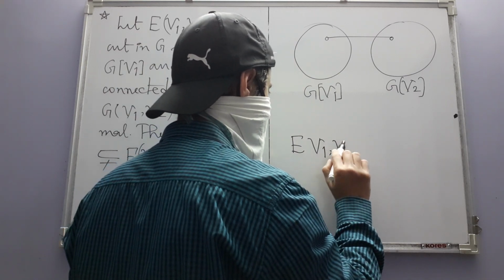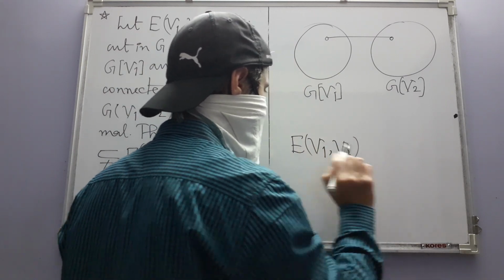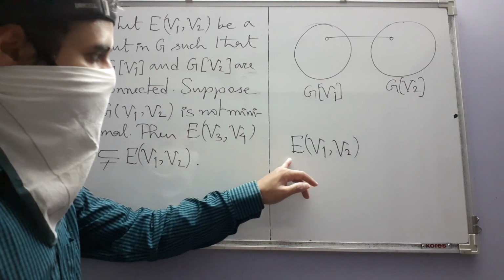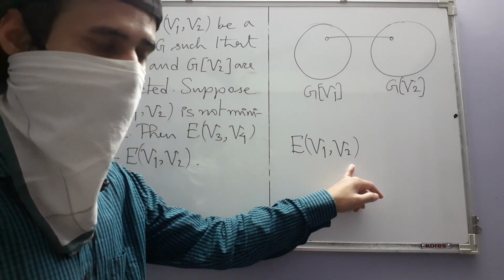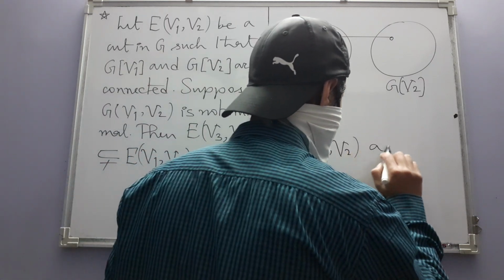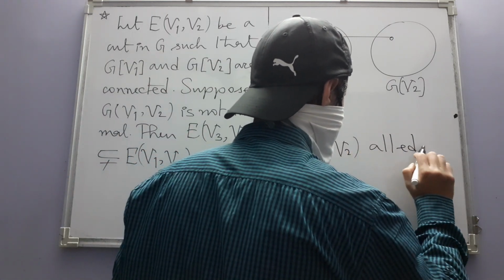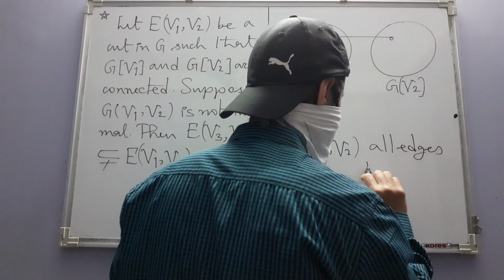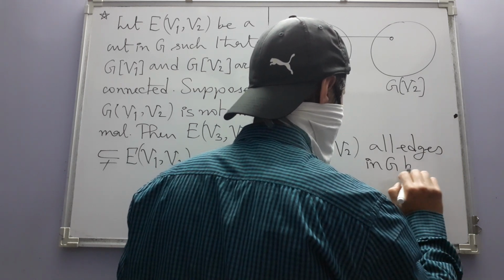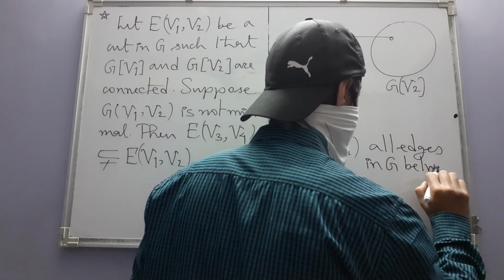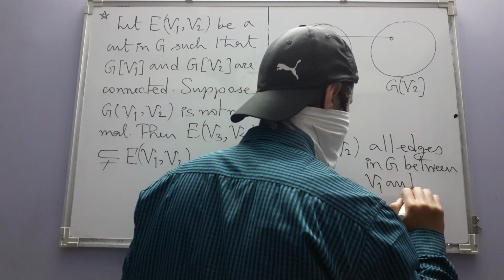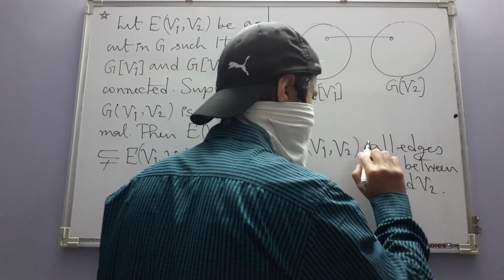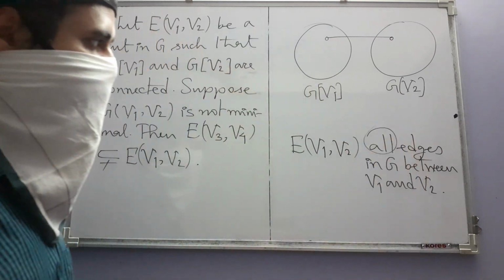If you look at the definition of a cut, it is the set of all edges in G between V1 and V2, and this "all" is important.